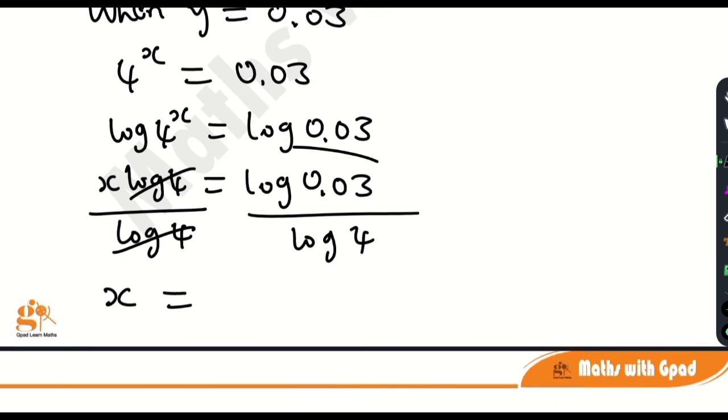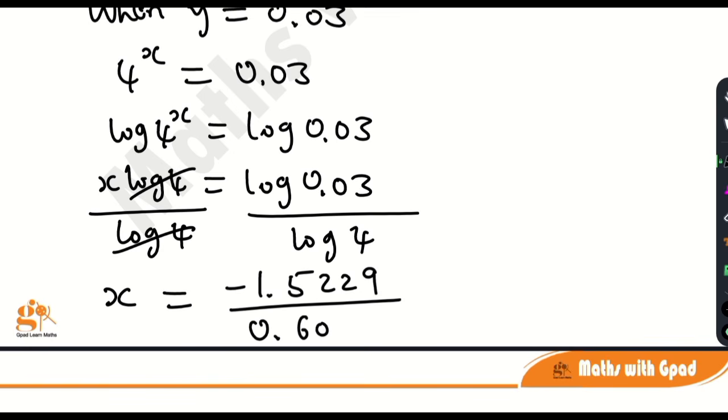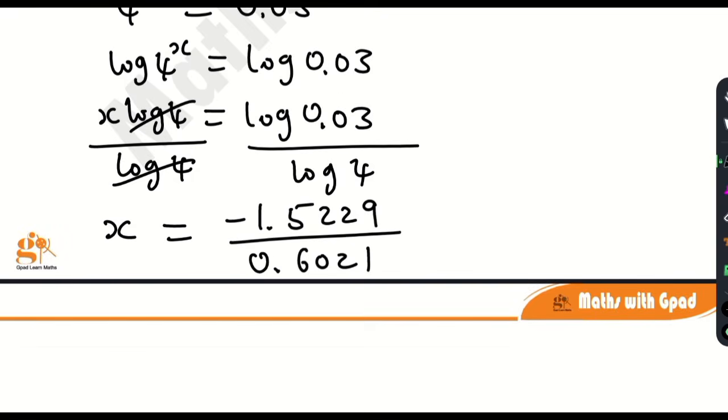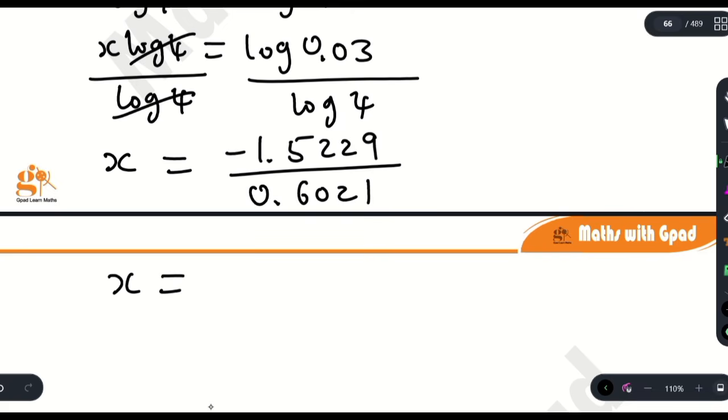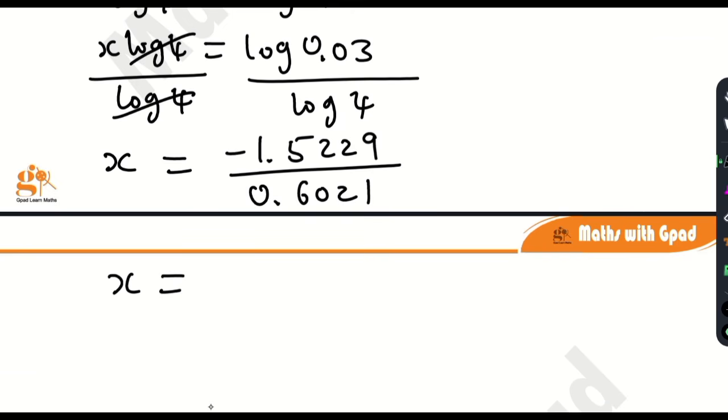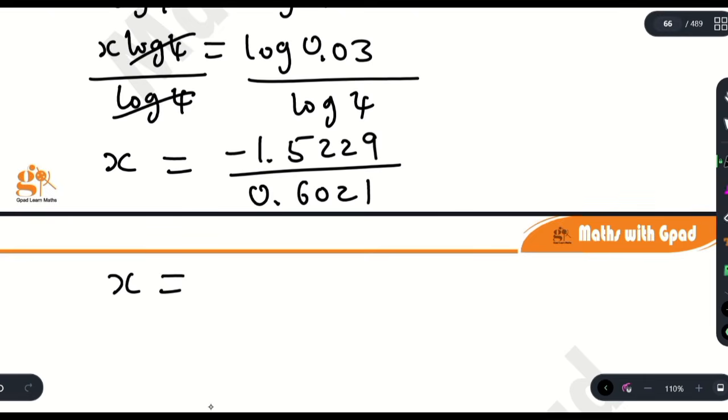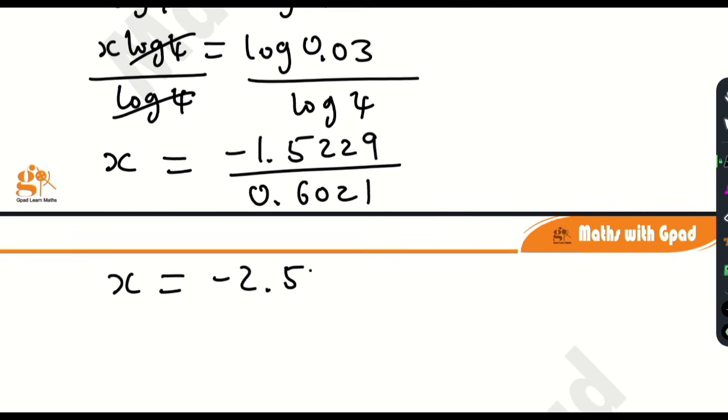what? Let's get our calculator and let's do this. Log 0.03 is minus 1.5229, all divided by log 4, which is 0.6021. Okay, let's divide now. So x is equal to, if you divide negative 1.5229 by 0.6021, I'm going to have negative 2.5293.